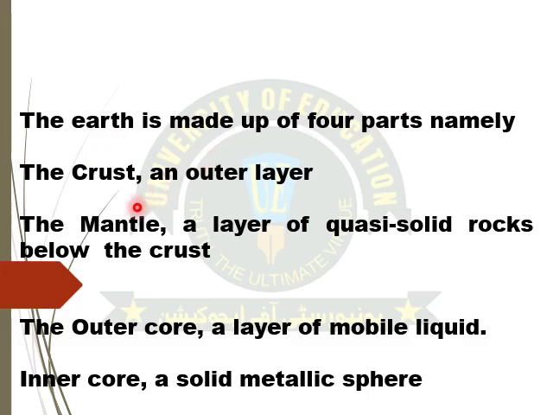Number two is the mantle, a layer of quasi-solid rocks below the crust. The third is called the outer core, a layer of mobile liquid. And the fourth and last layer is called the inner core, which is made up of a solid metallic sphere.